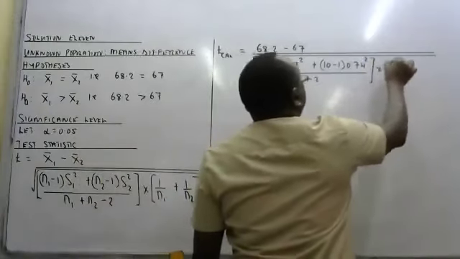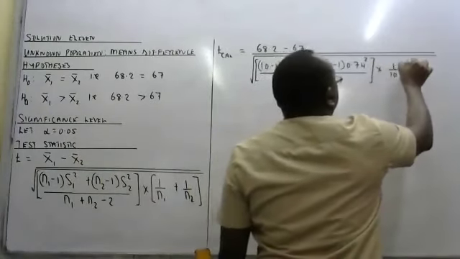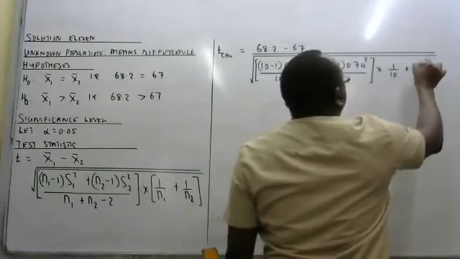You come and multiply by 1 out of 10 plus 1 out of 10.